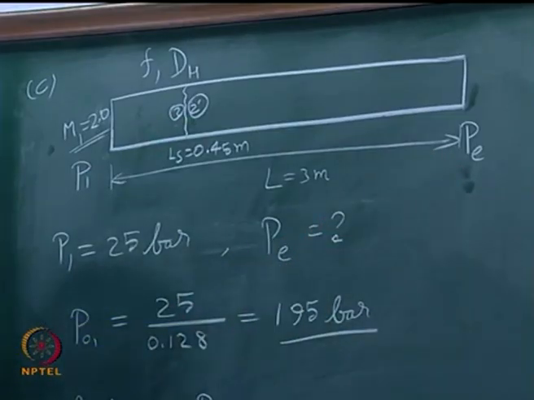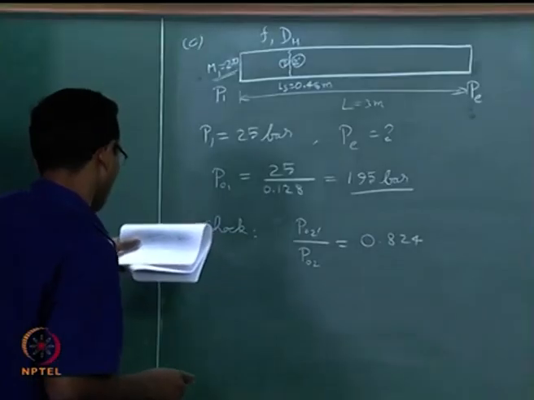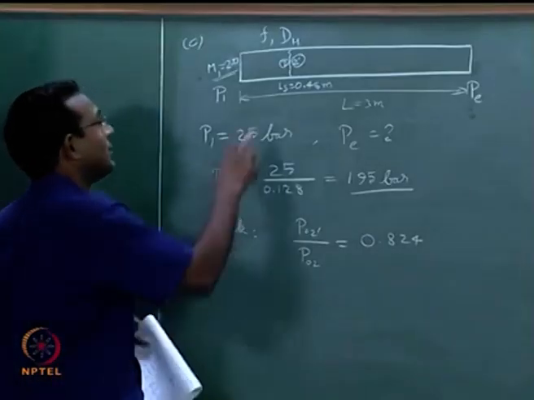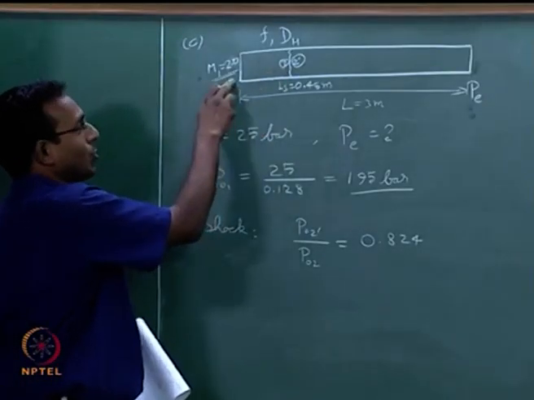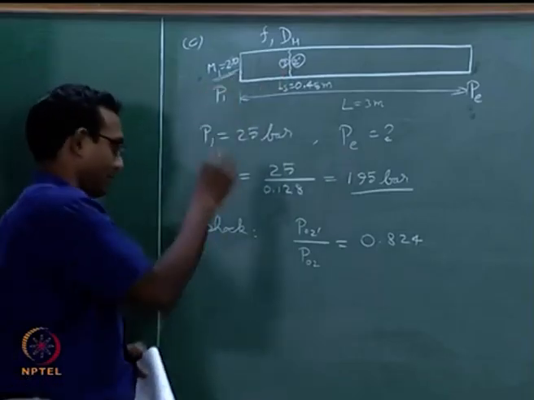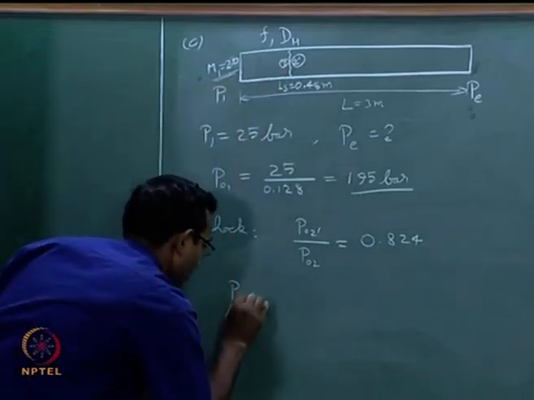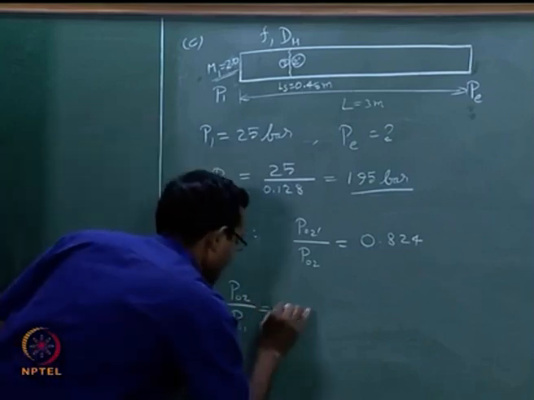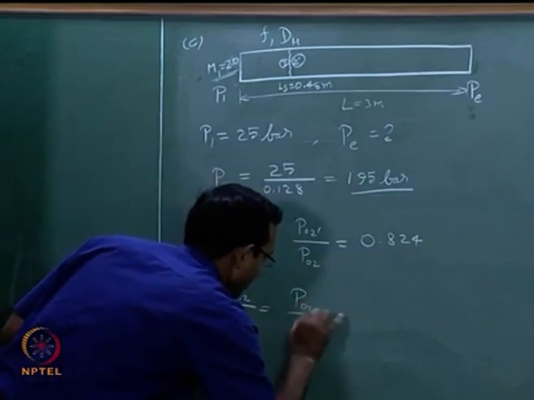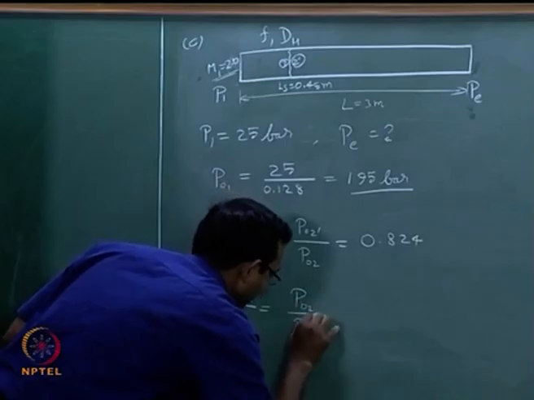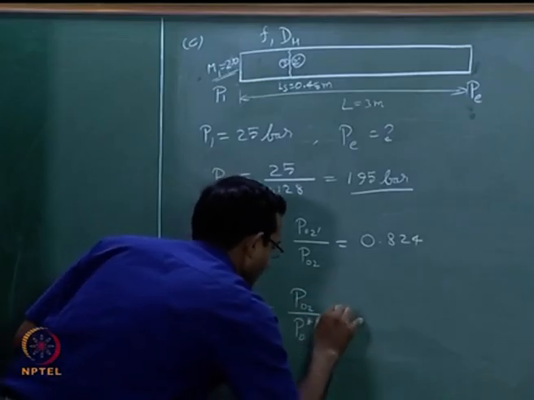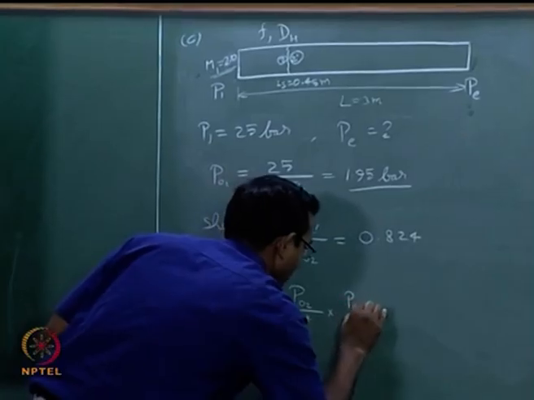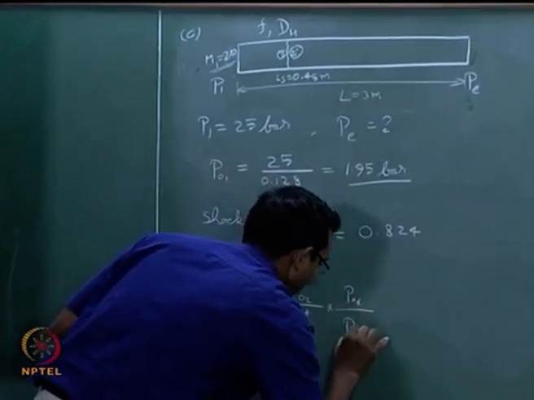So, now actually I want to find P02 by P01. P02 by P01 is equal to P02 by P0 star into P0 star by P01.